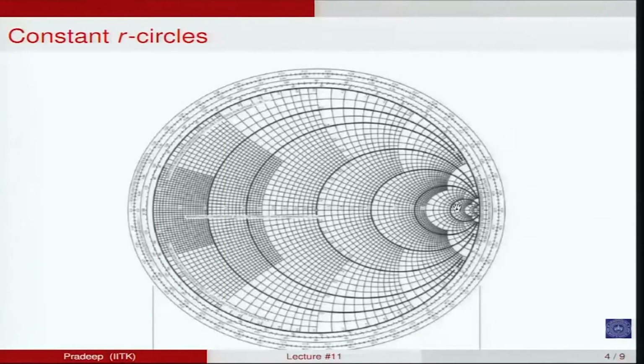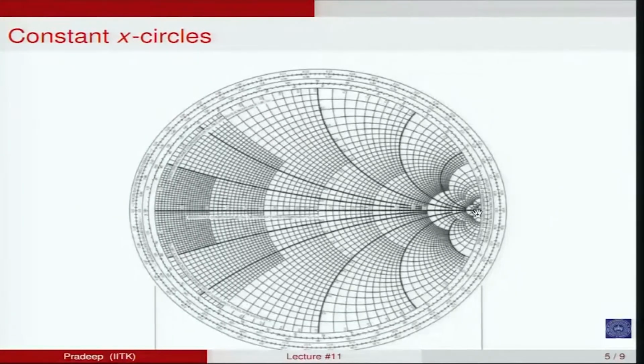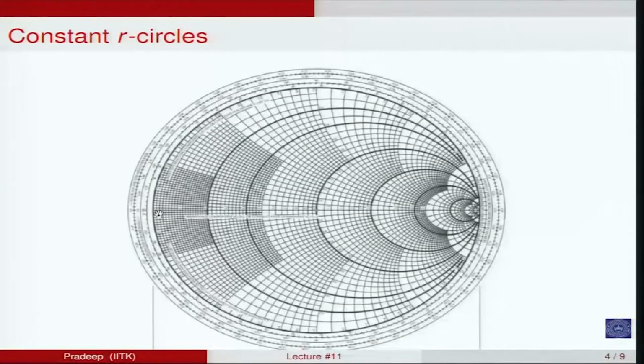These circles are for increasing values of R, from R equal to 0, say 0.3, 0.5, and then eventually R equal to 1, R equal to 2 or R equal to 3, I believe this one, and then it keeps increasing. And these circles which you cannot really see are for really large values of R. Typically you don't work in those regions. So clearly this would correspond to the short circuit, and this would correspond to the open circuit.